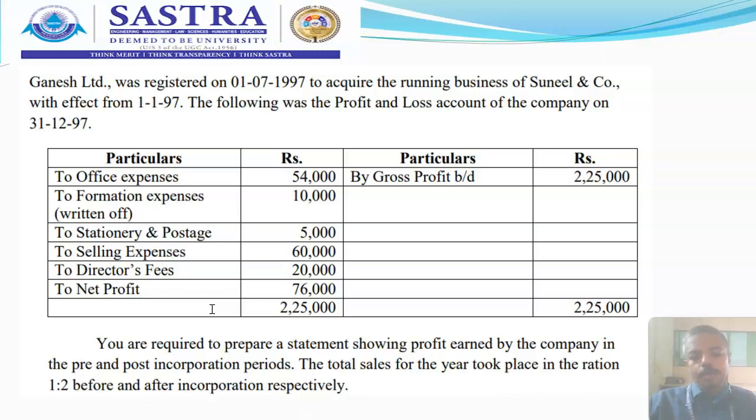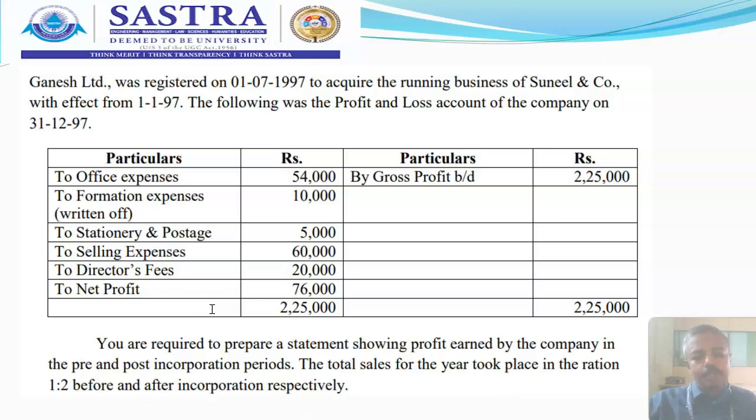Now, the gross profit is purely related to direct income, which means it varies highly with respect to sales. If sales increase, the gross profit will also increase, is it not? If the sales reduce, then to that extent the gross profit also will reduce.